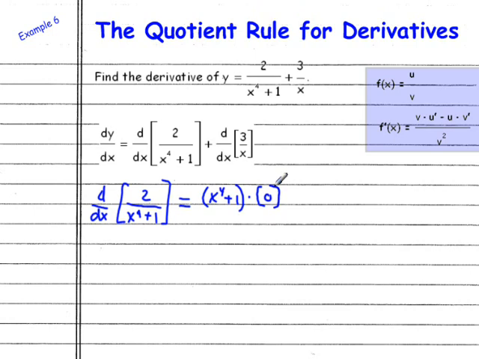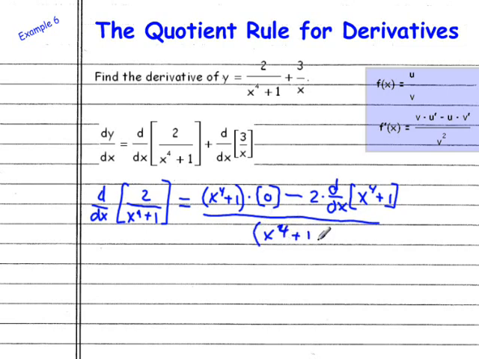I'm sticking with this idea that I'm putting my resulting derivatives in brackets here. Then we say subtract the numerator, which is 2, times the derivative of the denominator. Well, we actually might be able to calculate that in our head as well, but it's the derivative of x to the 4th plus 1. And then all of that, of course, is divided by the original denominator, which is x to the 4th plus 1, that squared.